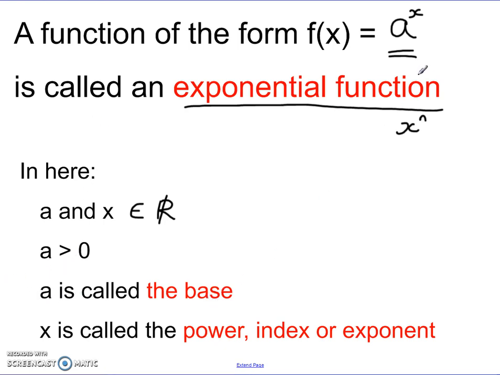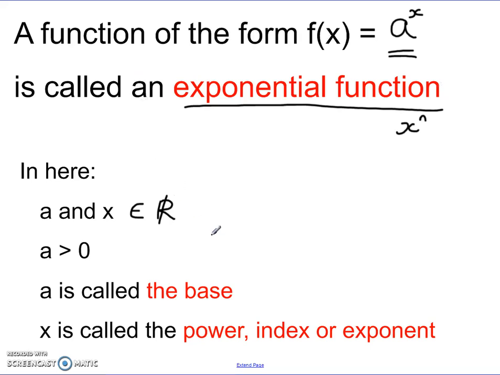A is what's called the base of the function. So it is the base which we base our entire function on, essentially, hence the reason it's called that. And x is what's called the power, index, or exponent part of our function. I've seen all three names appear, so you need to know all three of them refer to the power, this bit up here.